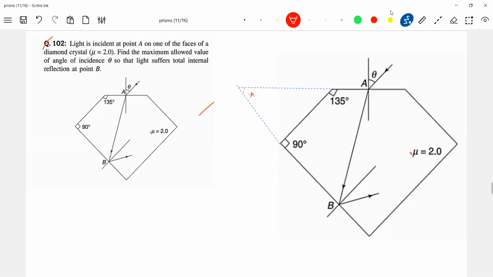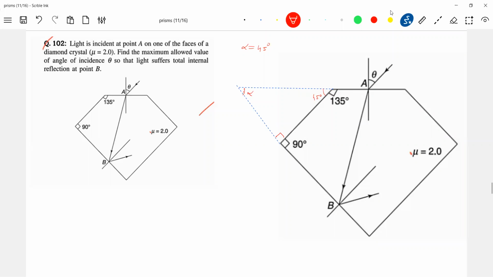Anybody can do it if you can do this imagination. This should be the angle how much? This is 90, this is 45. So what should be the angle of prism? I'll write alpha. Therefore alpha should be 45 degrees.